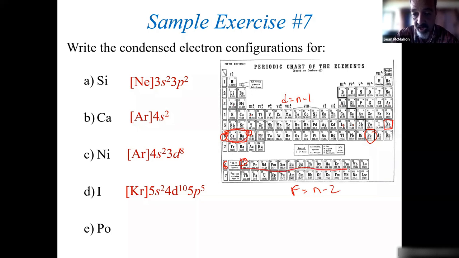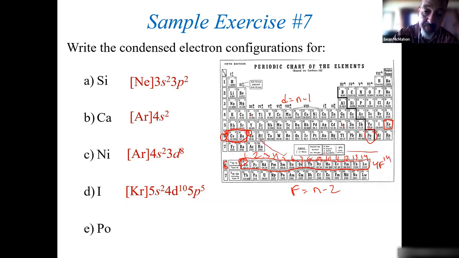I have to drop down, and I can use the atomic number, and I see that I go 4f14. 1, 2, 3, 4, 5, 6, 7, 8, 9, 10, 11, 12, 13, 14. 4f14, because we're 2 behind.